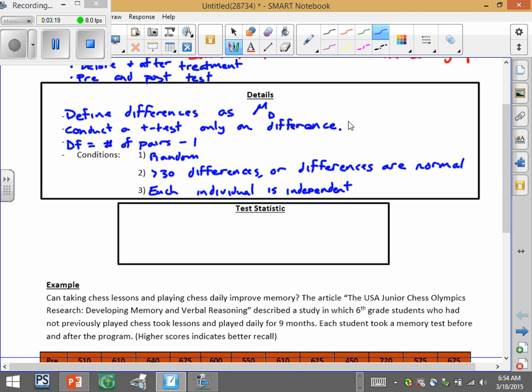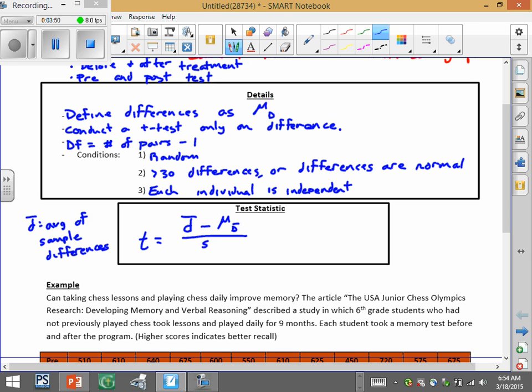So when we go to the test statistic, typically it's still going to be a t-score. I couldn't imagine there'd be a z here, but it's still your observed, so we'll call d bar. So d bar is the average of the sample differences. The calculator's going to do a lot of work for us, but we'll just write in the formula. Then we have what should be the average of all the differences together.